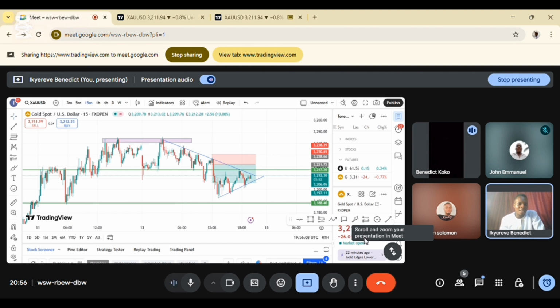So if the market reverses and then it doesn't go to your direction, that means the market doesn't want to go in that direction. Allow the market to go up. So if you take any loss, just try to hold your trade a bit longer so that you will recover your loss and then you will still be in profit.